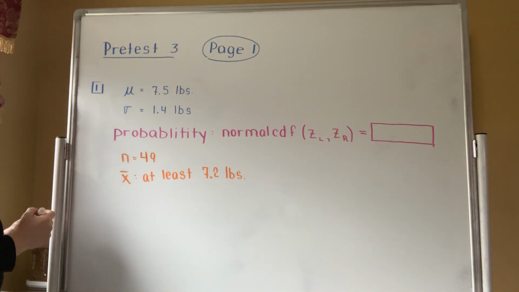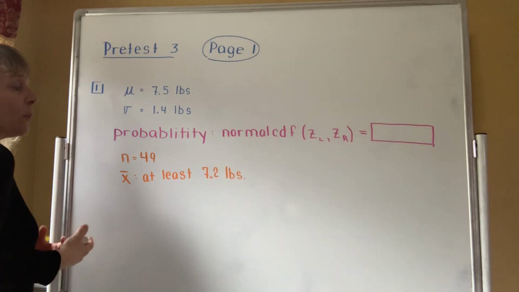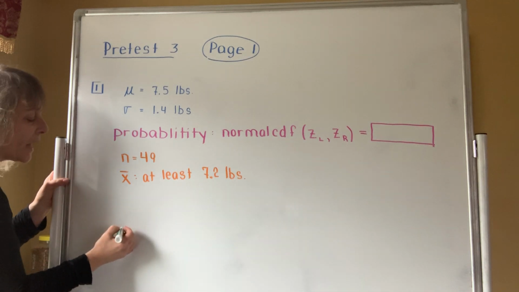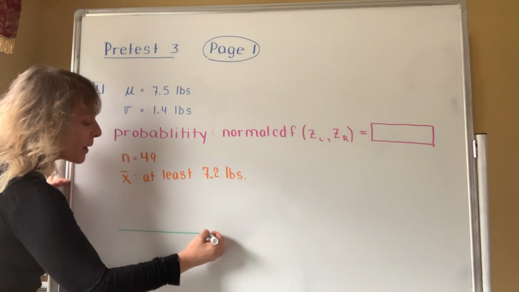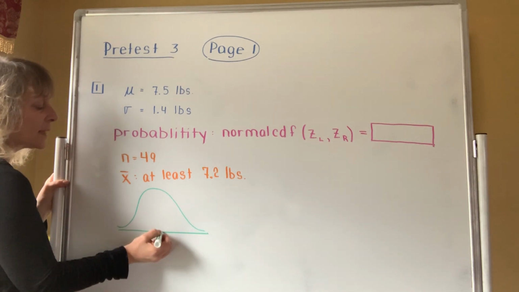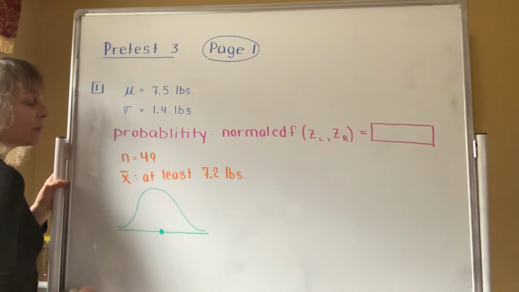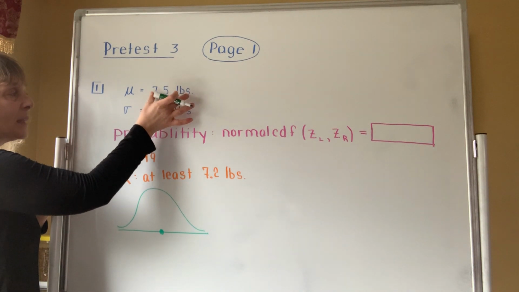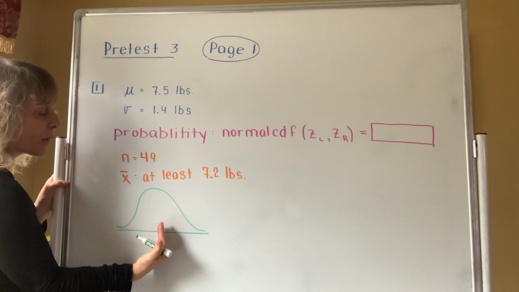So when you want to find a z-score and samples, you actually have to do a little bit of an adjustment. So how do we start? First and foremost, here is my normal curve. Normal curve has a z-score of 0 in the middle, but that 0 z-score corresponds with the population average of 7.5.